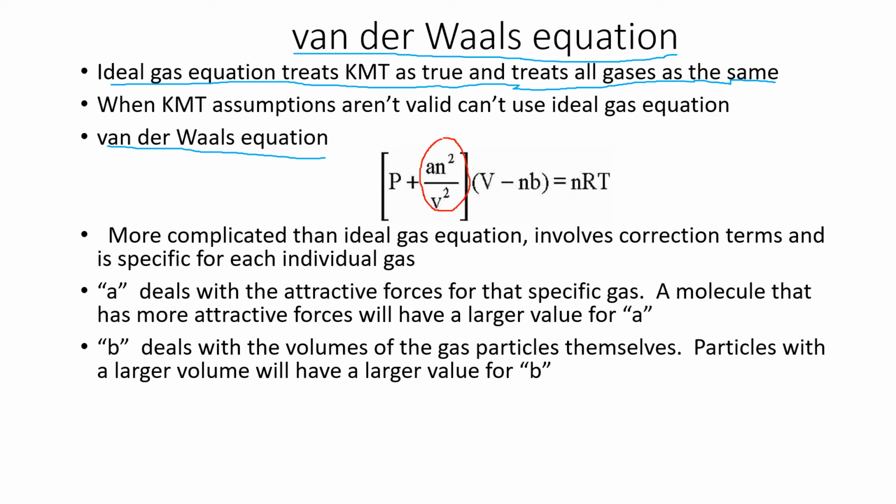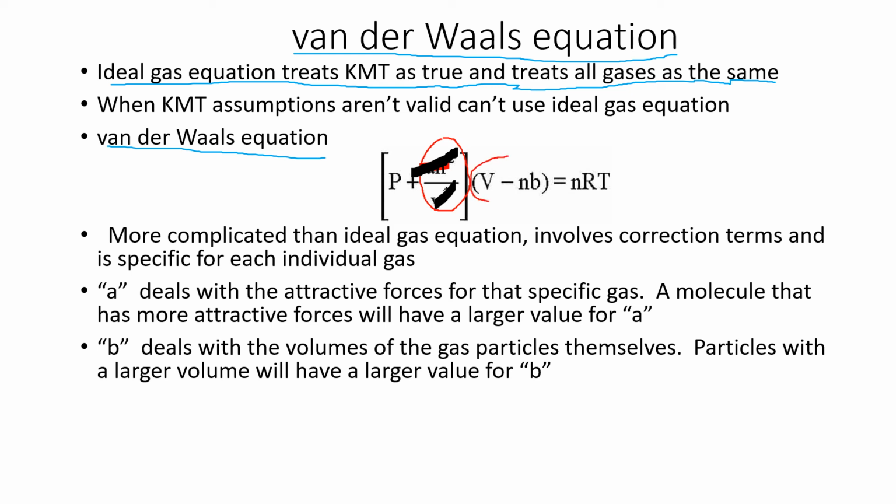If you've got a large number in the denominator and you square it, then that entire number is going to be very, very small. If it's very, very small, then you don't have to worry about it because it's going to look like zero. It's going to look like what we had with the ideal gas equation.